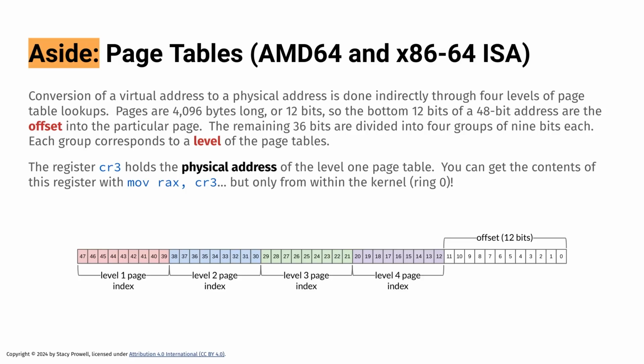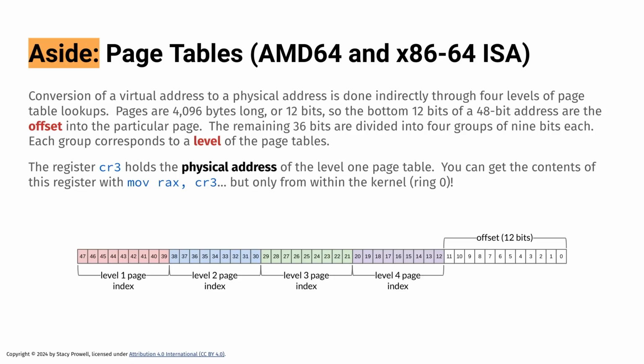It actually holds not a virtual address like most registers do, but the physical address of the level 1 page table. So CR3 is a 64-bit register or a 48-bit register, we'll get to that, which holds the physical address of the level 1 page table. We can get its contents.